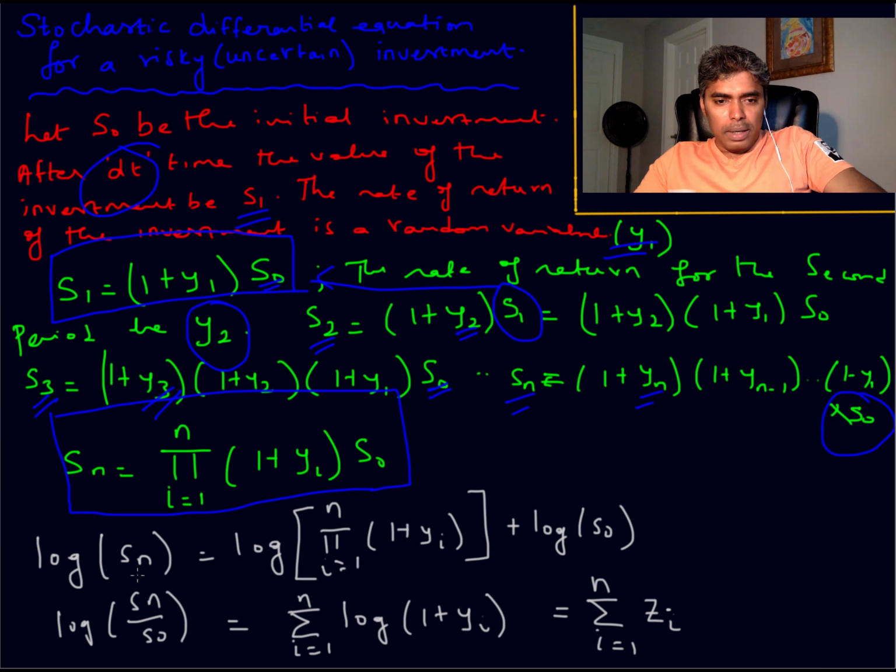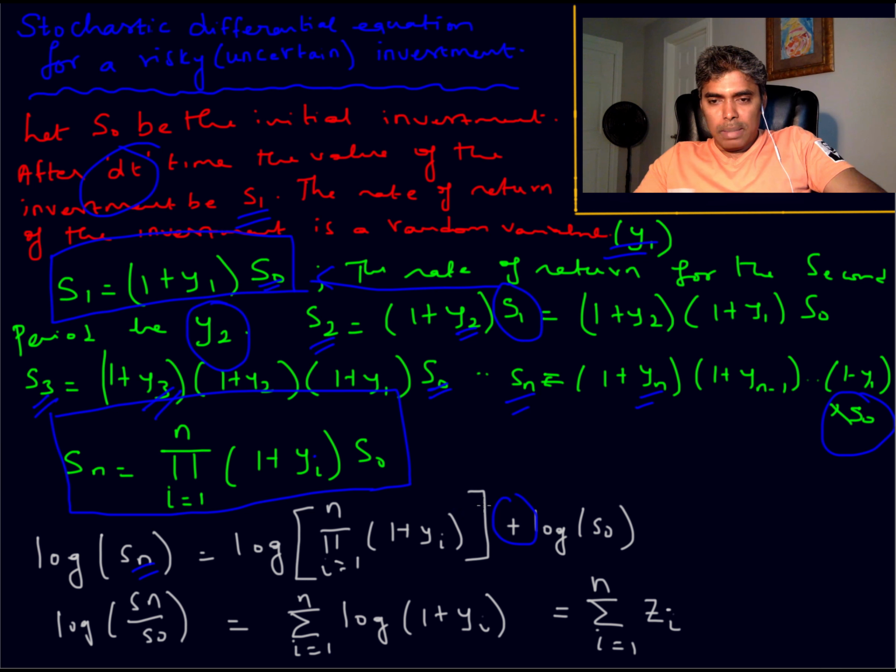So log Sn is equal to the log of the product of 1 plus yi times S0. When I take the log, the product becomes a summation. Then I am going to take log S0 to the other side, so it becomes log of Sn divided by S0.